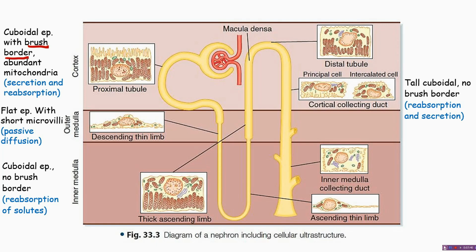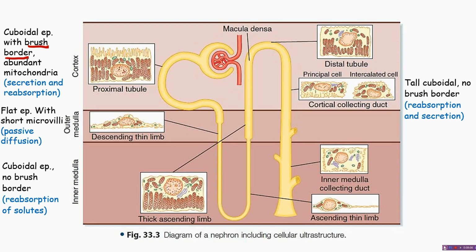But the descending thin limb has flat epithelium with short microvilli, and it helps in passive diffusion. But the thick ascending limb is impermeable to water. It is formed of cuboidal epithelium with no brush border. It is only concerned with the reabsorption of solutes.